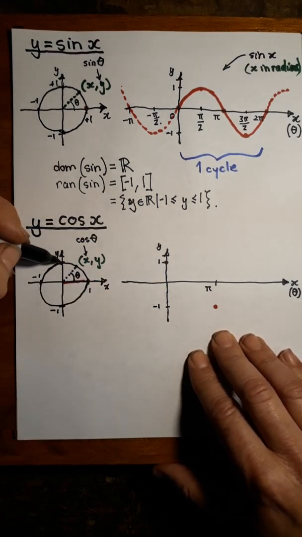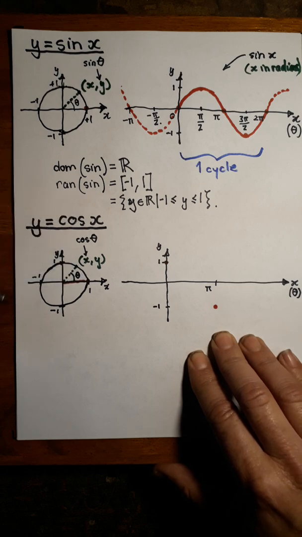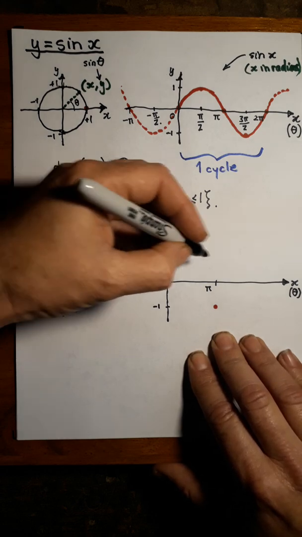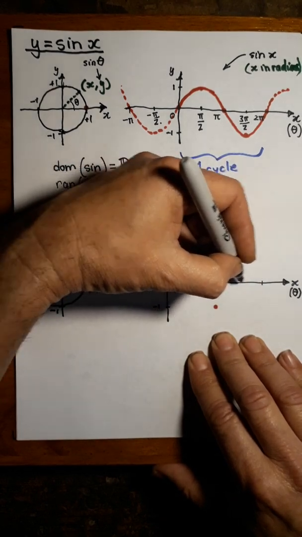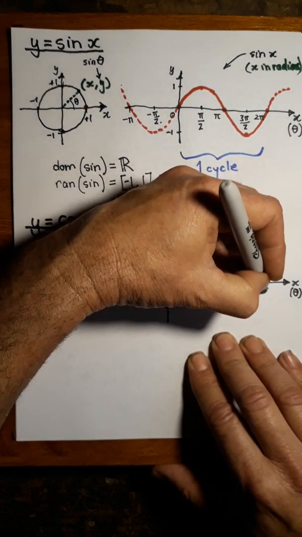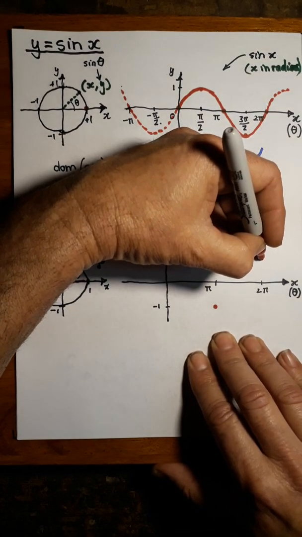Okay, the value of cos at 2 pi is the same as cos 0, which is 1. Okay, so I'll mark on here 2 pi, so it's going to be 2 lots of pi. And again, cos here is 1.